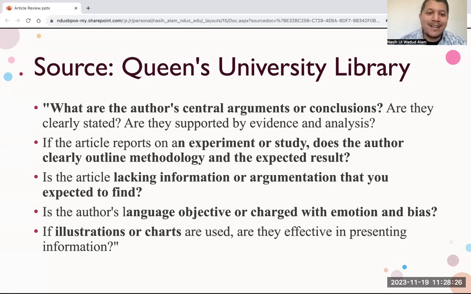Find it out. Then, as I said earlier, look for the writer's central arguments and conclusions. What are the central arguments? Then see how the writer is using his opinion and how the writer is doing his research. So you're building up a relationship with the writer, and what the methodologies and the gaps are is important.